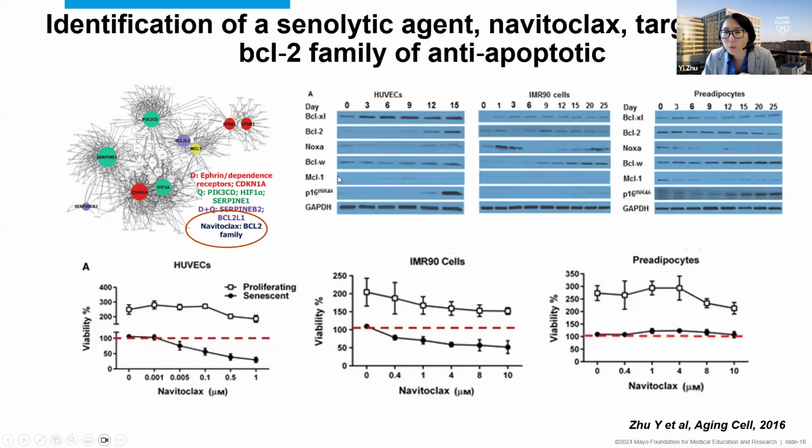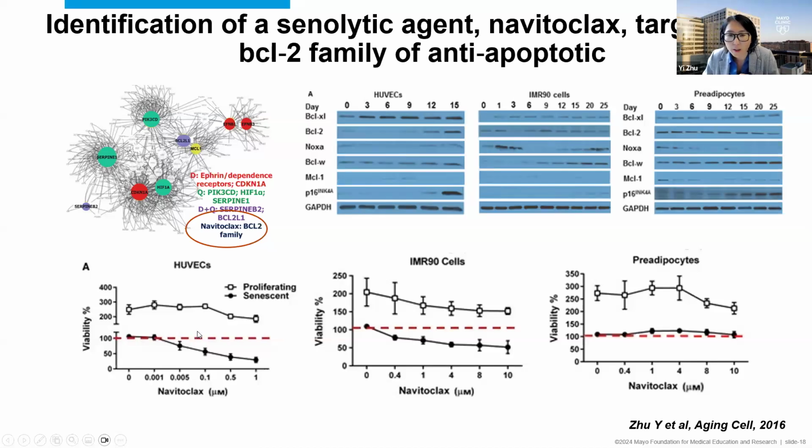We did find that the BCL2 family members BCL-XL, BCL2, and BCL-W progressively increase during the senescence process. As you can see here, it is the same pattern as p16, in both HUVECs and IMR-90s, however, not in pre-adipocytes. The next question we asked is whether inhibitors of the BCL2 family can be senolytics.